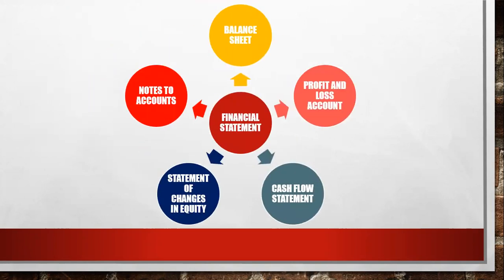A company prepares a profit and loss account, a cash flow statement, and a statement of changes in equity. What do you mean by changes in equity? See, as I explained in the company or share capital topic, if a company wants to raise capital, they can issue shares, right?